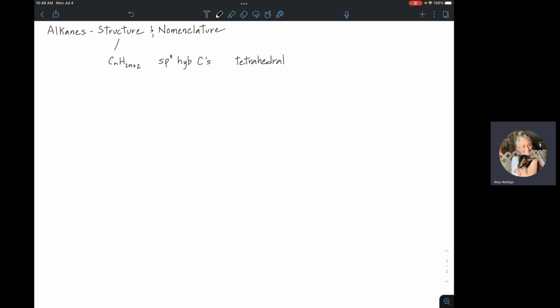So for example, we can start out with something that has 4 carbons. So we'd have a little 4 down here for N. H would be 2N plus 2, so H10. We have a condensed structure that we can draw.